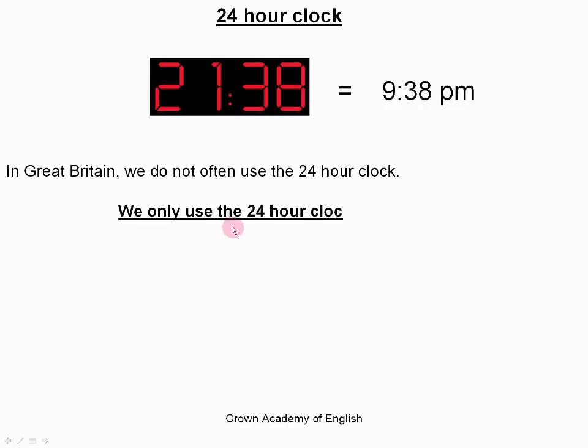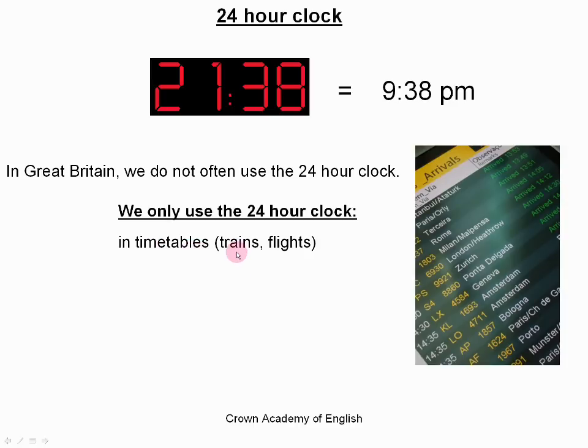We only use the 24-hour clock in timetables. So when you see train times or times of flights, like here, that is one of the only times that we use the 24-hour clock. And also the military.